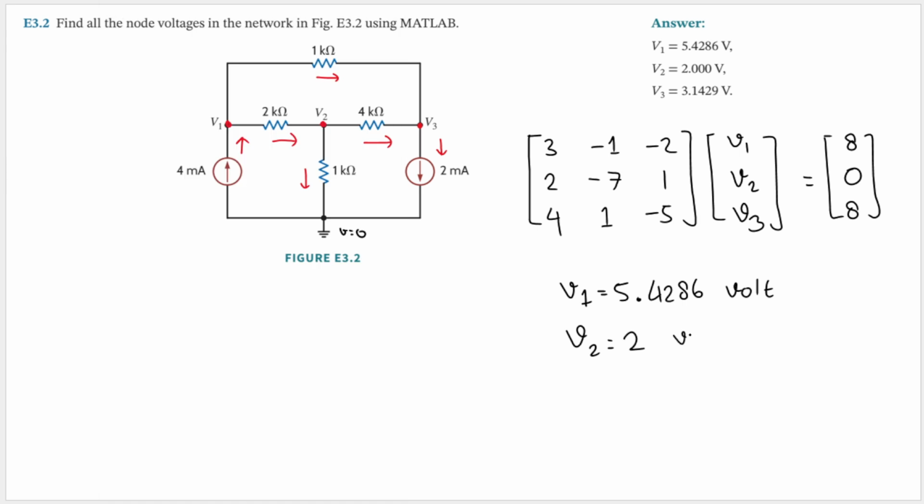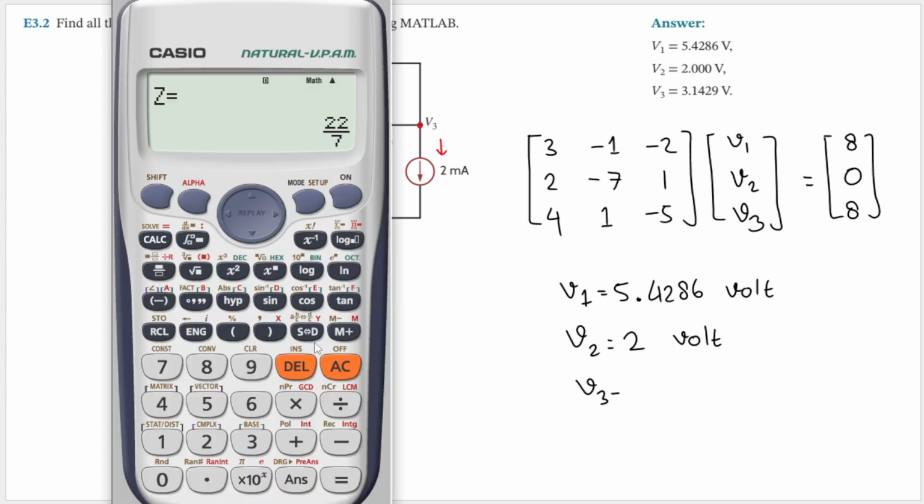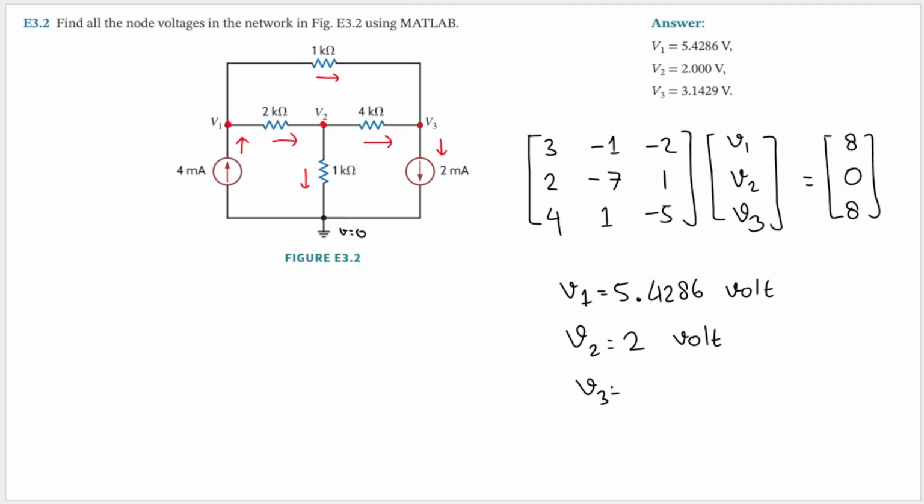V2 is 2 volt. And then what is V3? V3 is the Z value here, which is 3.1429 volt. I think we get this right because that is exactly the same as the answer given in the book. Hopefully I did not make any mistakes.